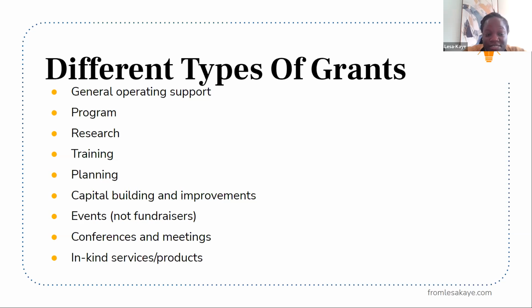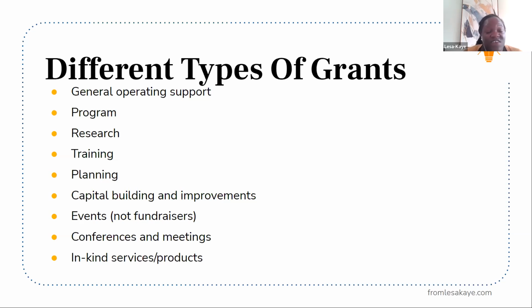There's training grants, as I mentioned before, grants to help you plan something, capital building and improvement grants. So there are grants to help you build buildings, do renovations to buildings as well.